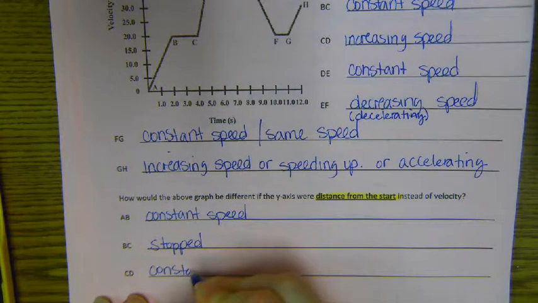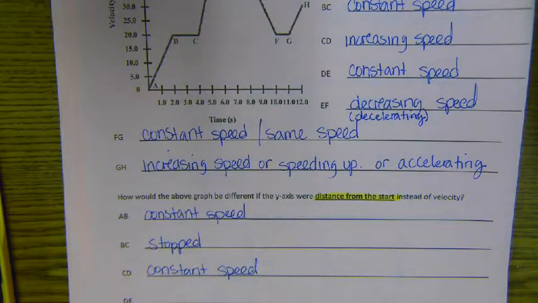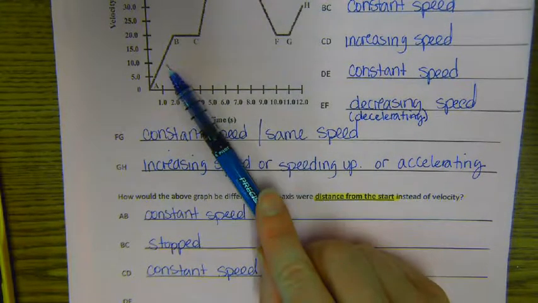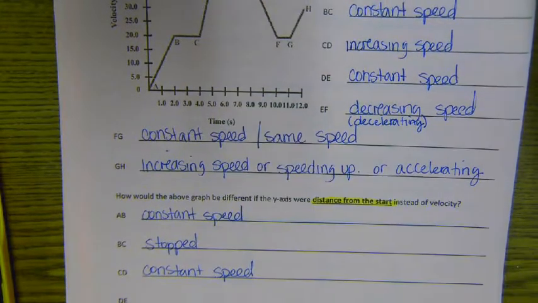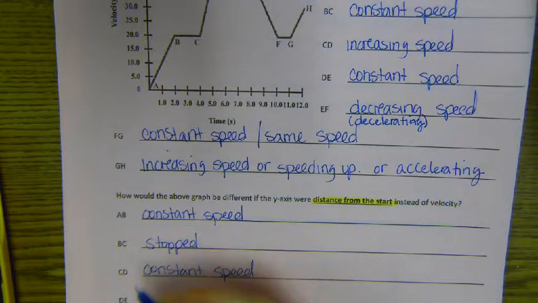By the way, if this were distance time, where was the person going faster, on AB or CD, and how can you tell? CD, Noli says. How could you tell that? It's a steeper slope. Very good. All right. DE would mean stopped.